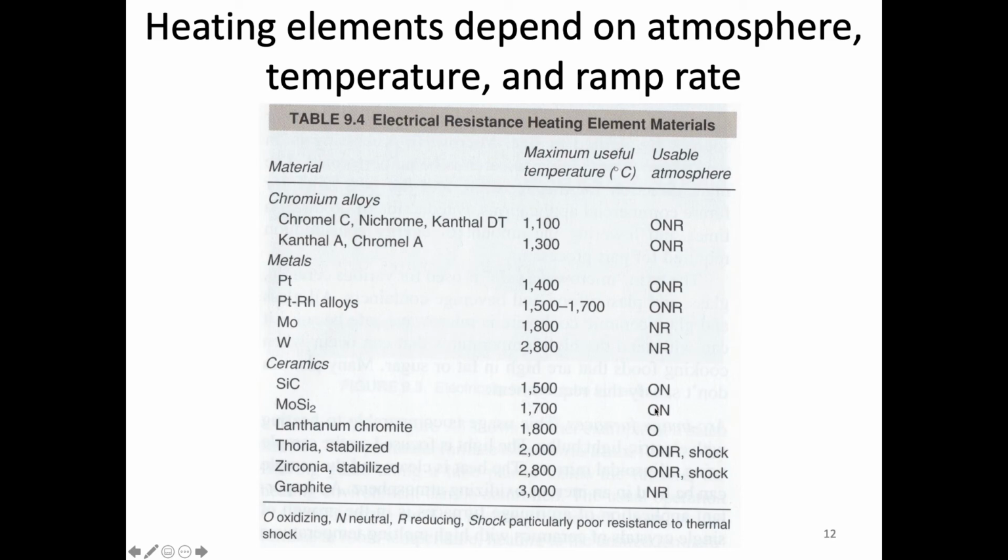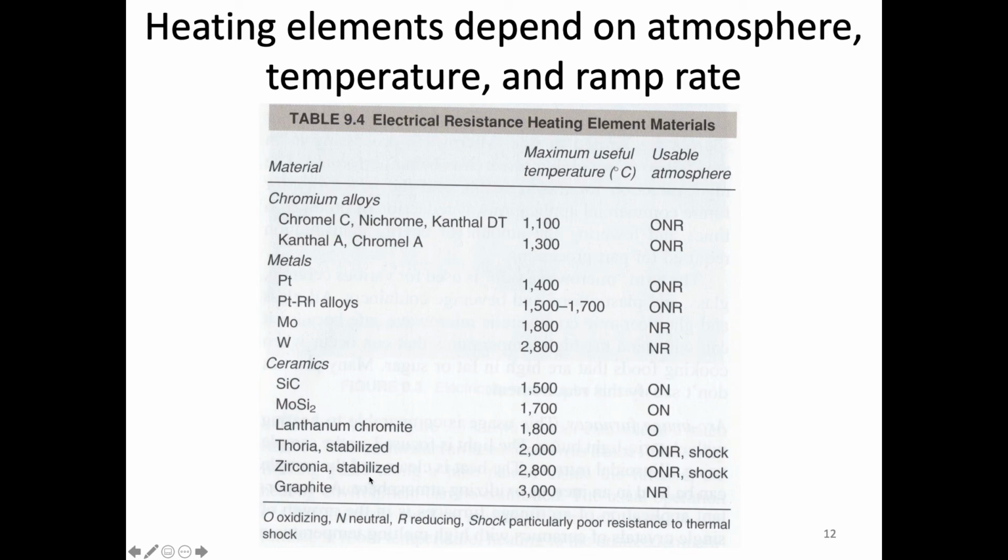and they'll go up to 1700 degrees, but you'll also notice here, if we use them in a reducing atmosphere, we can actually form the metallic components, and so that would be bad. So basically, this down here tells us about what's going to happen to the element under these conditions. You'll look at lanthanum chromite, only used in oxidizing environments, but it goes up to 1800.